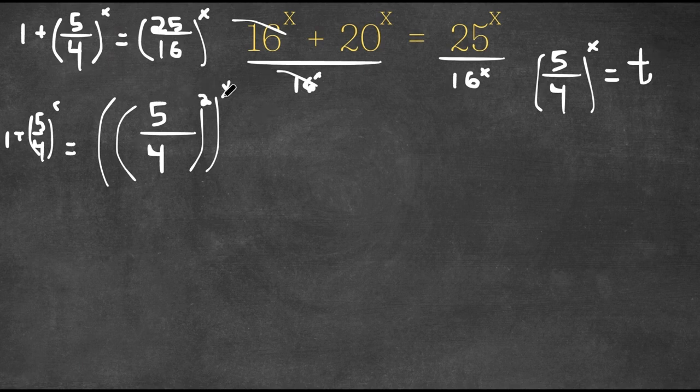And instead of 2 to the power of x, I can actually also write this as x to the power of 2. So I can flip these positions. So now if I replace 5 over 4 to the power of x with t, I get 1 plus t is equal to t squared.